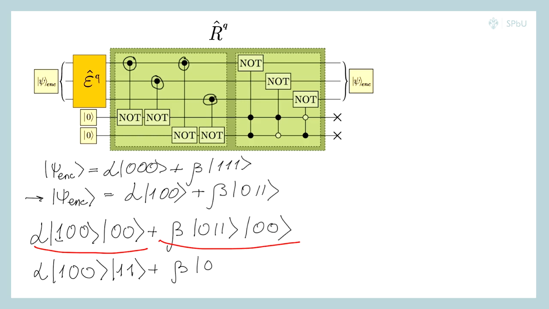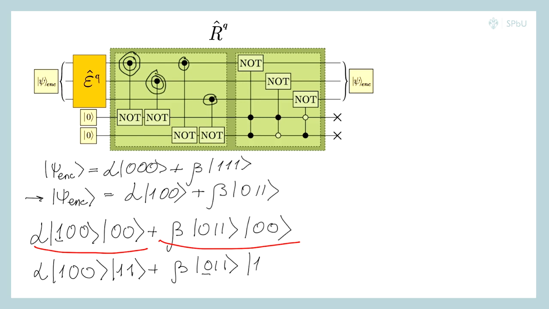Beta 011. And what did we get here? The first CNOT won't do anything because the value of the first qubit equals 0. The second CNOT will flip the value of the first ancilla qubit. That's why we have 1 here.